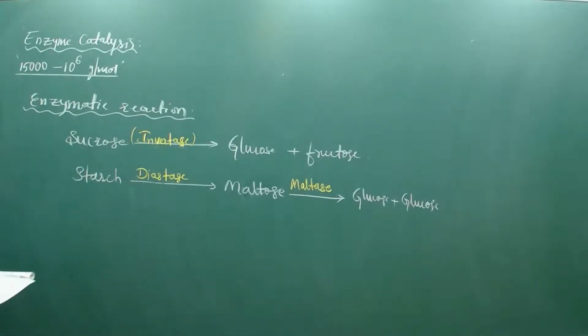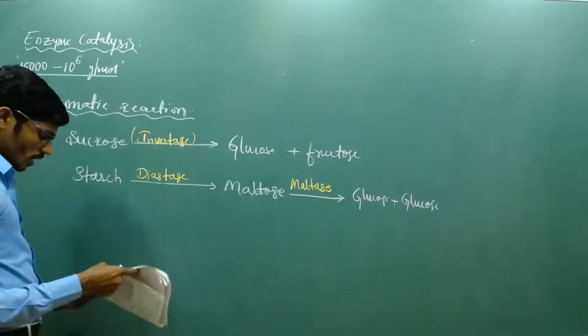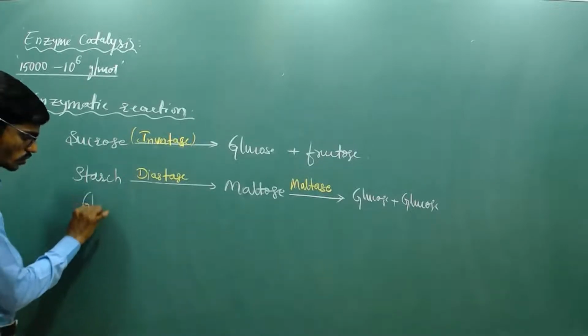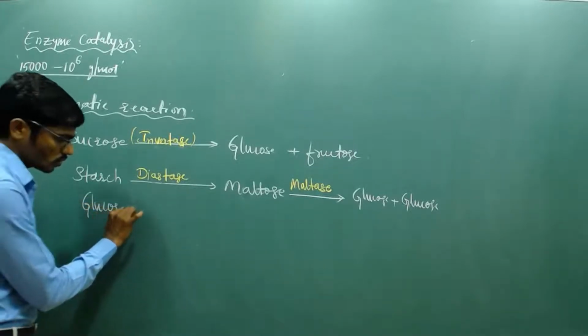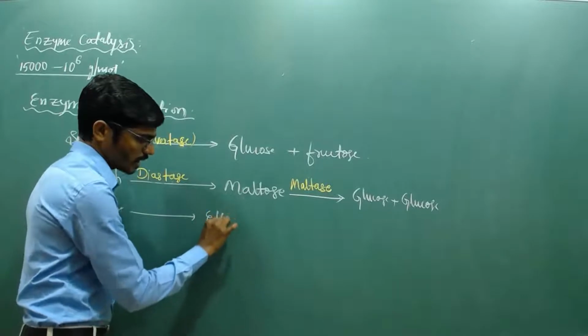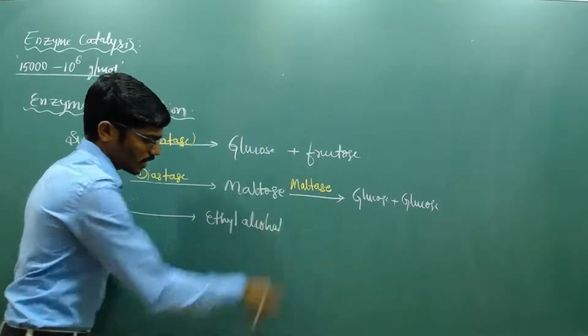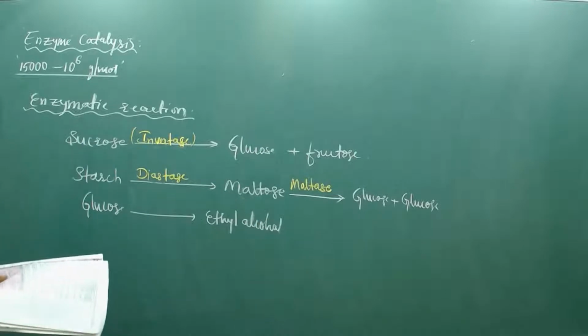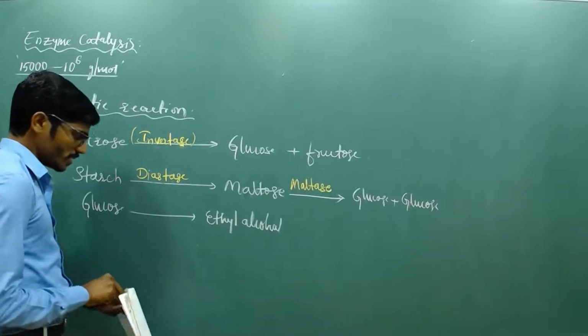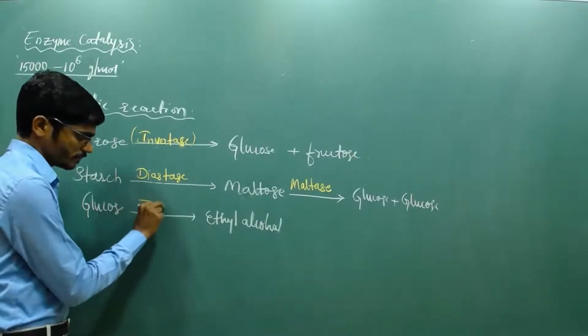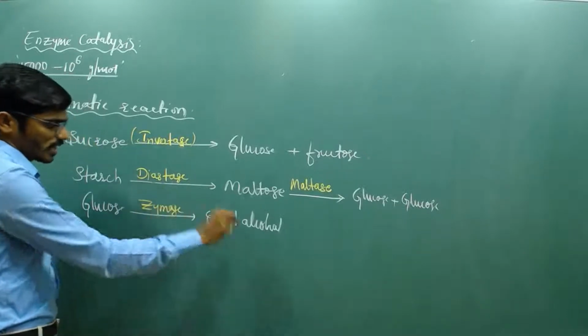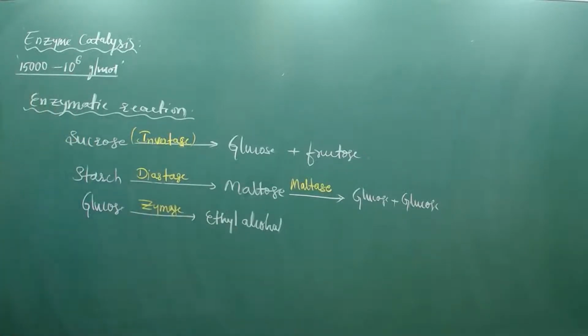Next, glucose can be converted into ethyl alcohol by zymase. Zymase is an enzyme which converts glucose to alcohol.